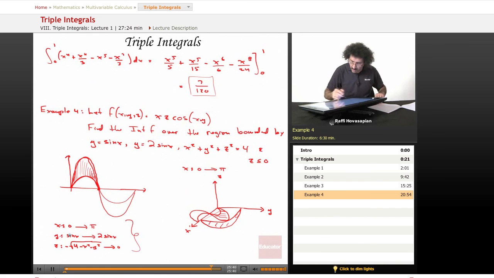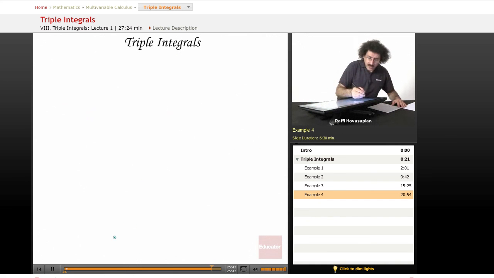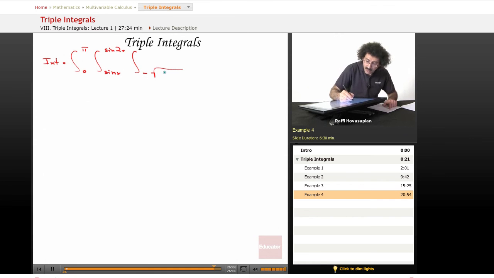So this is what's important. Now our integral is going to equal the integral from 0 to pi, the integral from sine of x to 2 sine of x, and the integral from minus radical 4 minus x squared minus y squared up to 0, of our function, which is xz cosine xy.